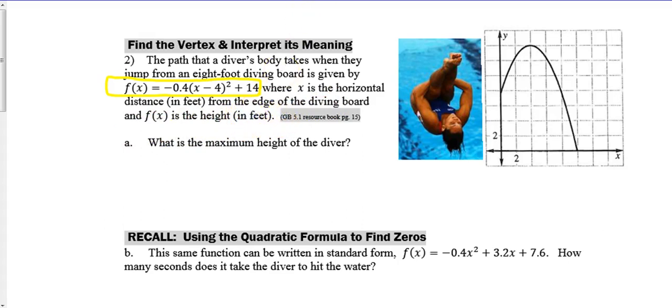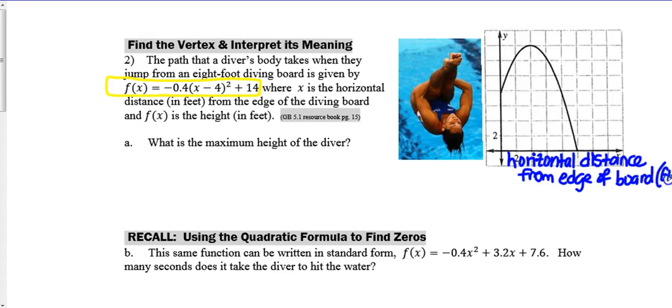So let's add these labels to the graph. X is the horizontal distance. So here's x, horizontal distance from edge of board.